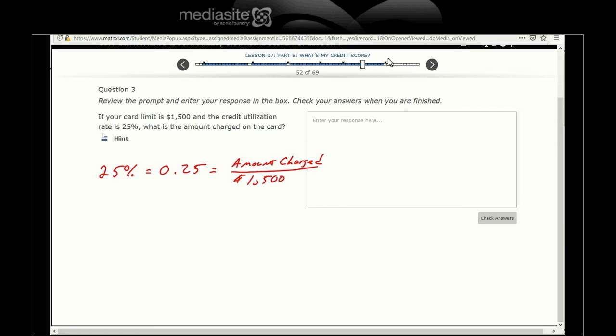So to find this, let's multiply both sides by 1,500. So 0.25 times 1,500 gives us $375.